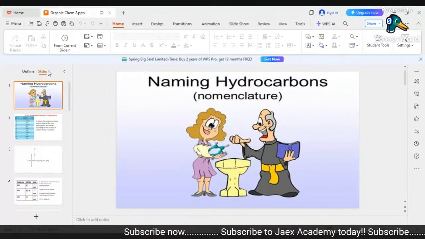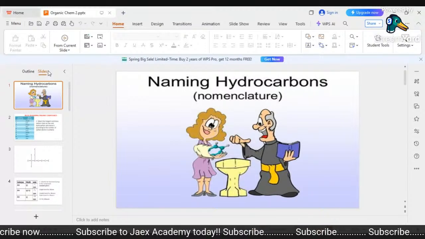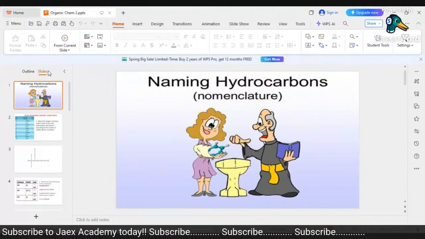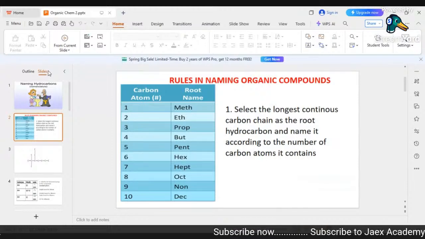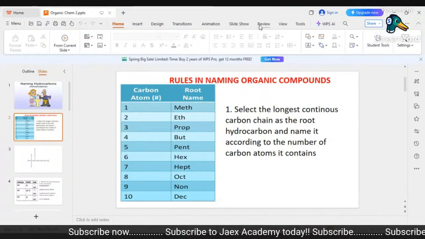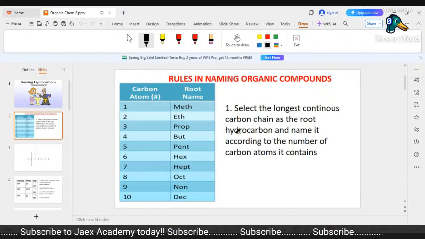If at any point you cannot hear me, please comment so that I can adjust my mic. For that class, we said that there are rules of naming organic chemistry. Number one rule is select the longest continuous chain.